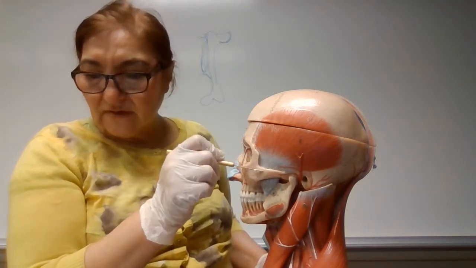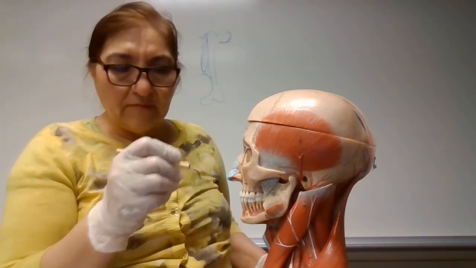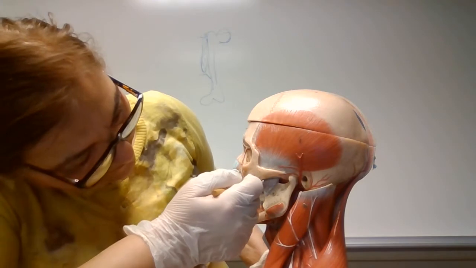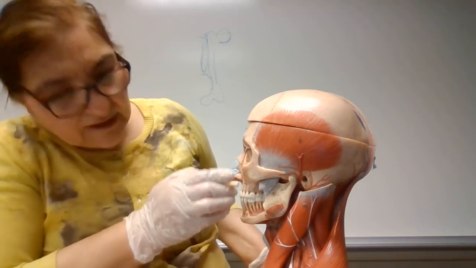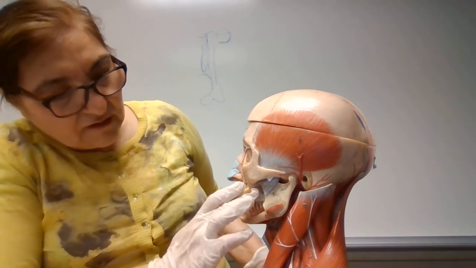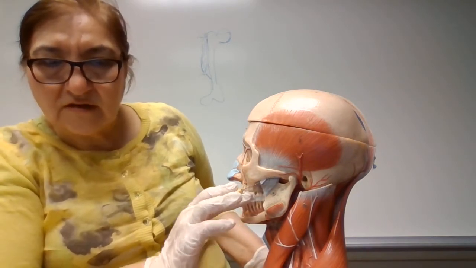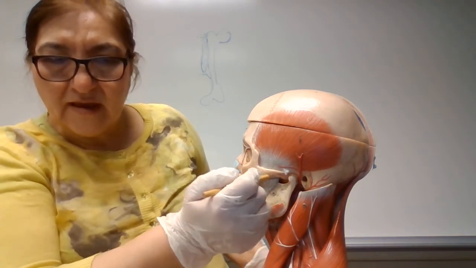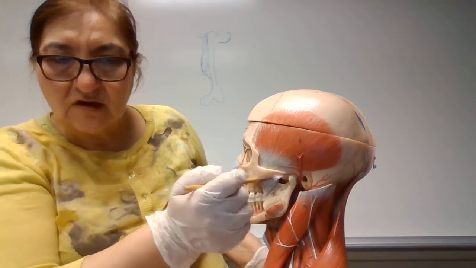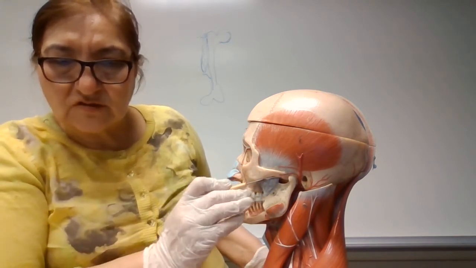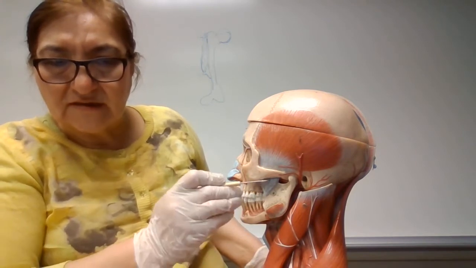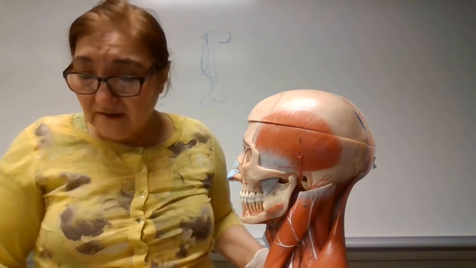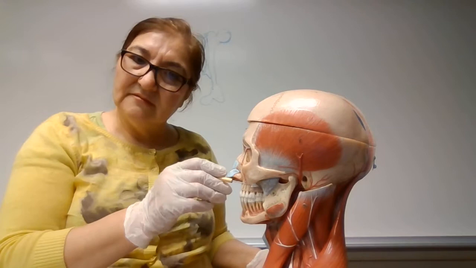The insertion is the coronoid process of the mandible. See the ligament of that muscle on the coronoid process. This is the condylar process of the mandible, which makes the jaw joint with the temporal bone, the TMJ. The coronoid process of the mandible is where the temporal muscle inserts. And the nerve is going to be trigeminal.